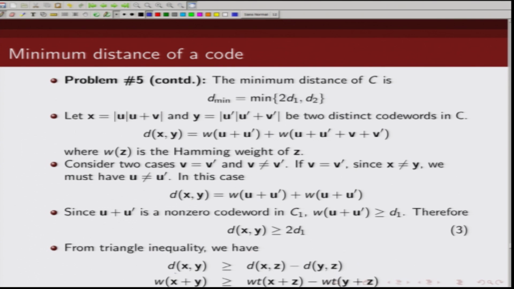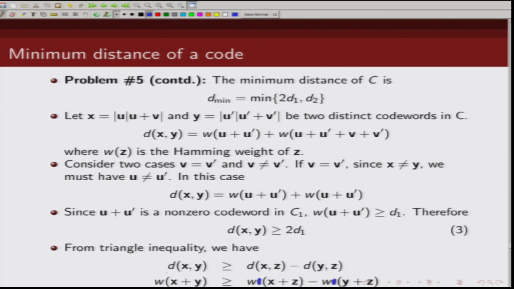From the triangular inequality, we know that the Hamming distance between x and y is greater than or equal to the Hamming distance between x and z minus the Hamming distance between y and z, and the Hamming distance is nothing but the Hamming weight of x plus y, and the Hamming weight of x plus z minus the Hamming weight of y plus z.